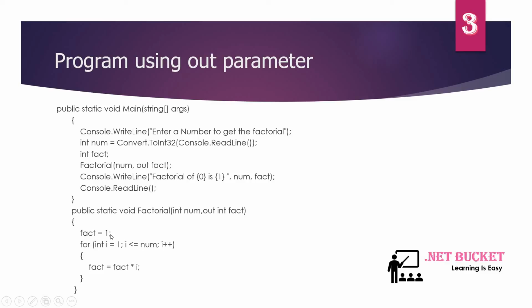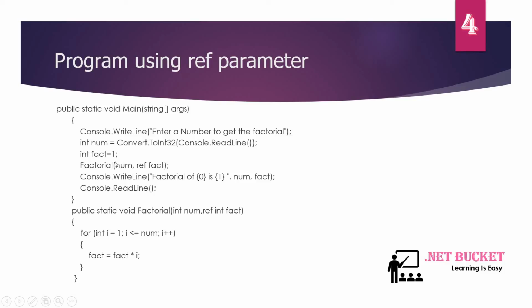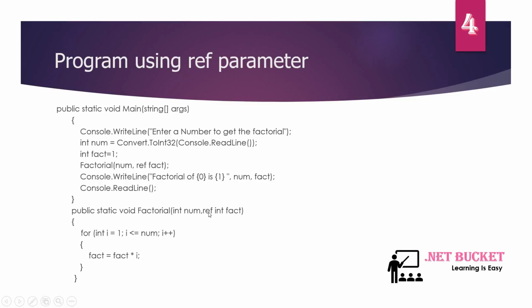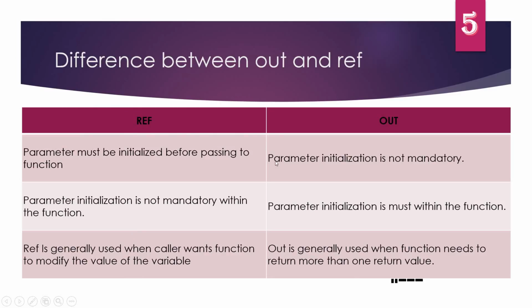So two differences: in out, the value should not be initialized here, but in ref it should be initialized here. In out, the value should be initialized within the function, which is not the case in ref. We can see here we are not reinitializing this fact variable. So you can see the differences between ref and out.